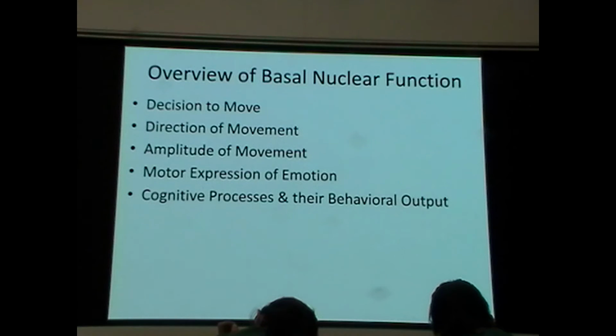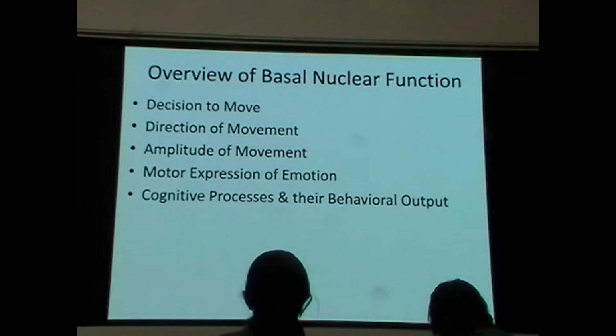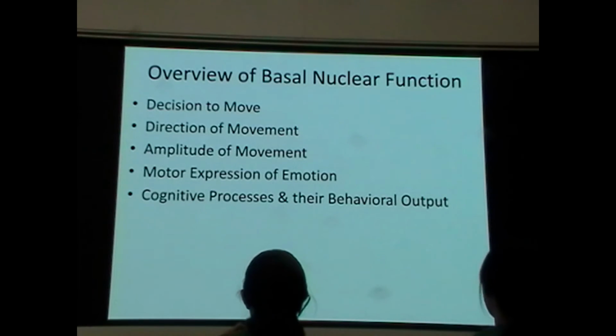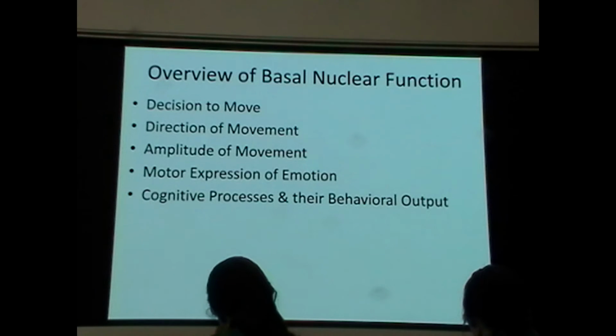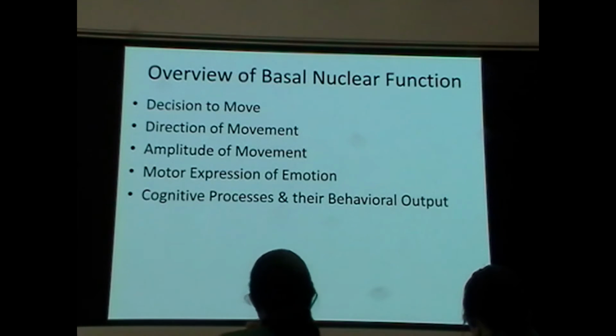Modulation of this movement, motor expression of emotion, is a basal nuclear related issue. Cognitive processes and their behavioral output are also associated with basal nuclear function. Cognitive means known movements, things that you know, not necessarily learned, but things that you know.